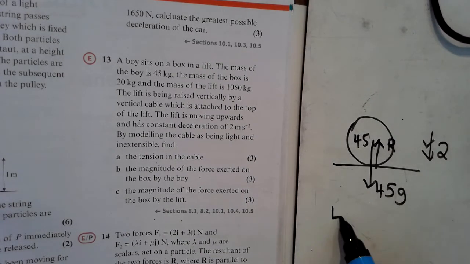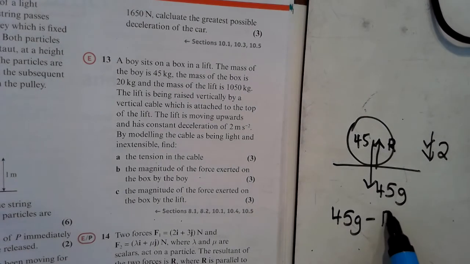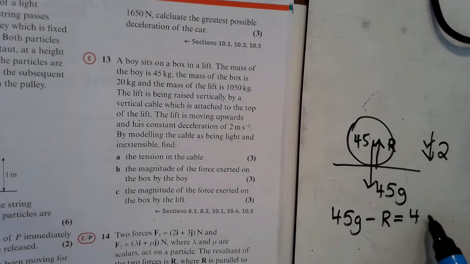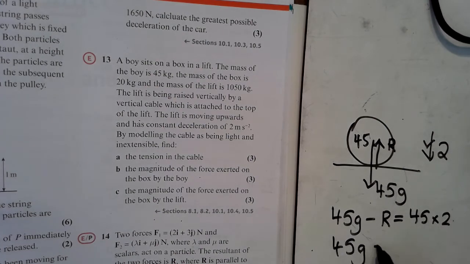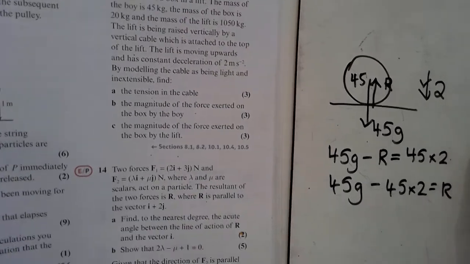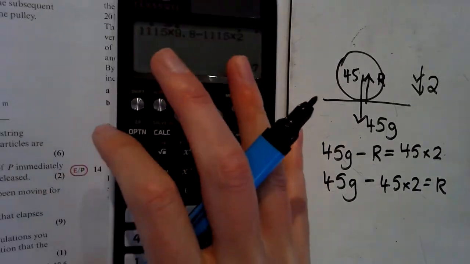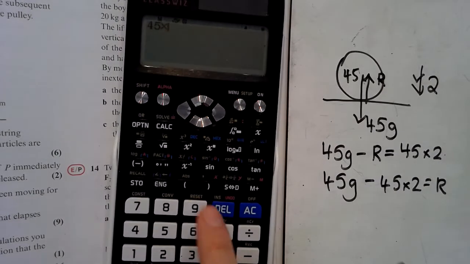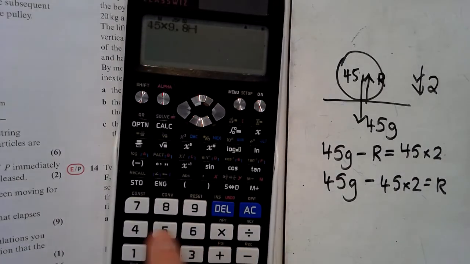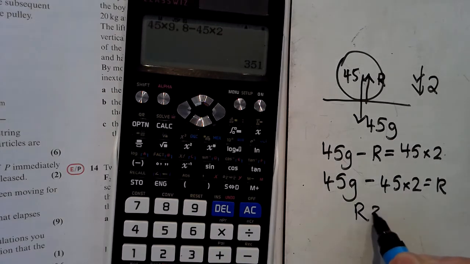So I've got 45G minus R equals MA. So that's my force equals mass times acceleration. Just doing a little bit of rearranging, and let's put that in the calculator. It's 351 newtons.